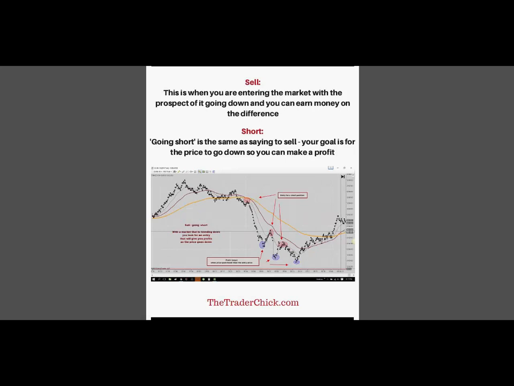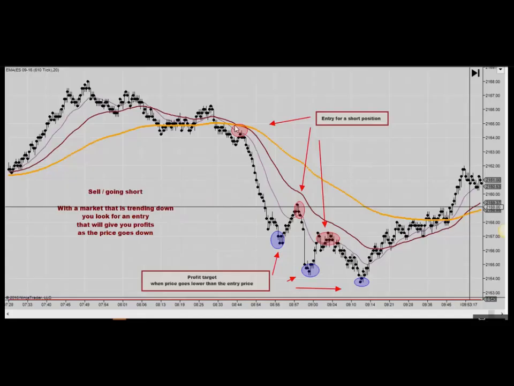Going short is the mirror of buying and going long. So you're selling, that means that you are entering where you want the price to go further down for your profit. You are going short. That's all that means. Okay, so if you are entering right here, this first red circle, and you are exiting here, that means you have just entered a short position. You are selling here, and you are exiting right here to get your profit at a much lower price.